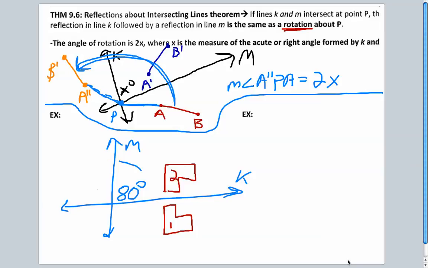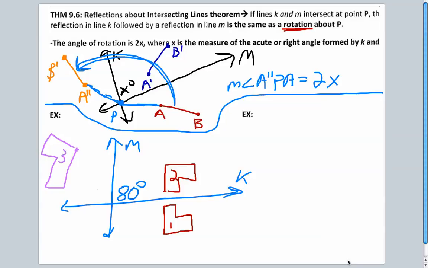And then I'm going to flip it over M. Let's see what happens when I flip it over M. That's going to leave me with, oops, not enough room probably, but something that looks like this here. That stinks, but you guys get the idea.